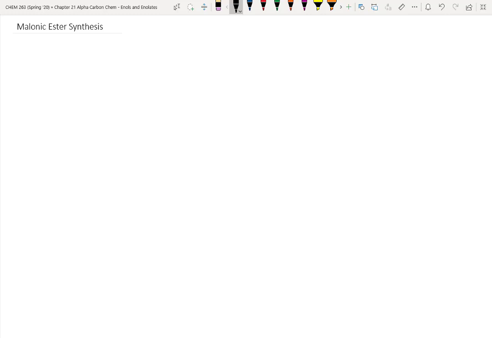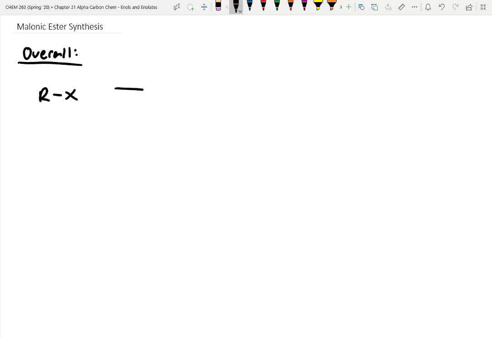All right, the next strategy we're going to see for alpha alkylation is going to involve a slightly different pathway. We'll go over this mechanism carefully, but for right now, I wanted to show you the overall mechanism. And just like before, we're going to start out with some sort of alkyl halide or something with a good leaving group on it, like a tosylate.